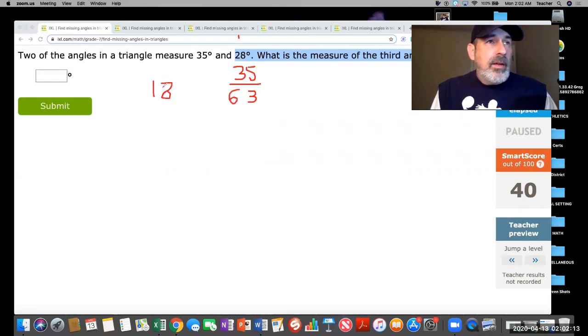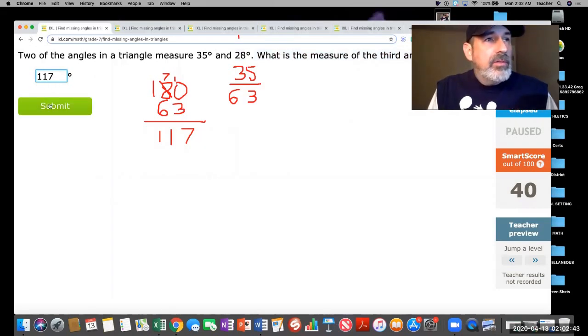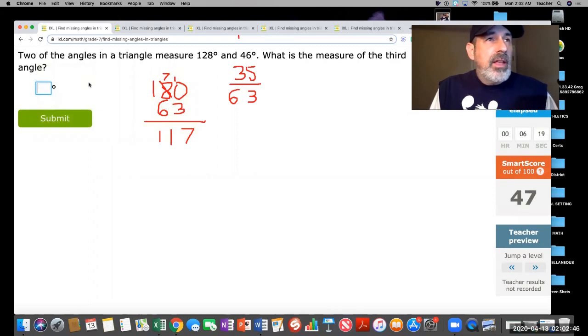Okay, I'm going to have to borrow from the 8 to have a 10 here. Therefore, that's going to change to a 7. Okay, I'm sorry, I was thinking ahead before I wrote the 63. This takes a long time to write. So 10 minus 3 is 7. 7 minus 6 is 1. And then I have a 117. So 117 degrees. Let's check it out, boys and girls. Oh, lovely. There we go.